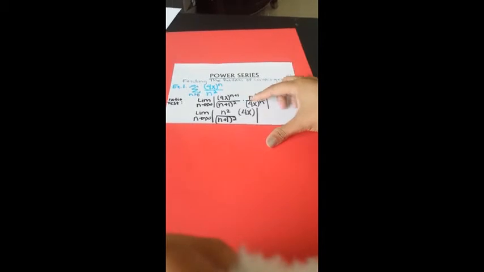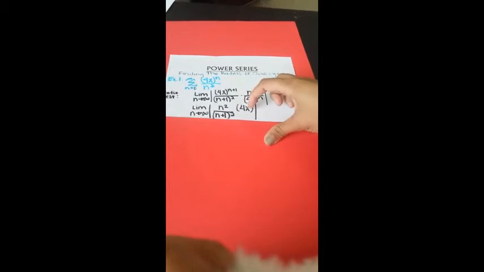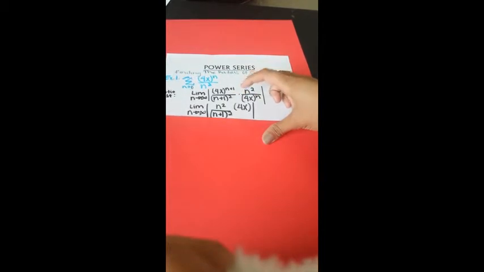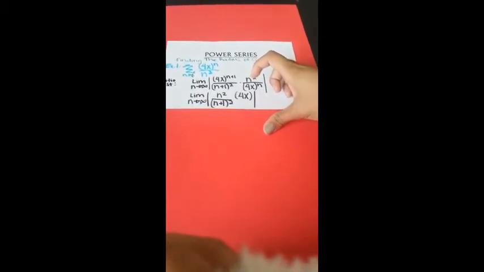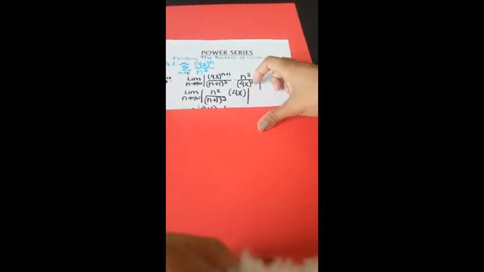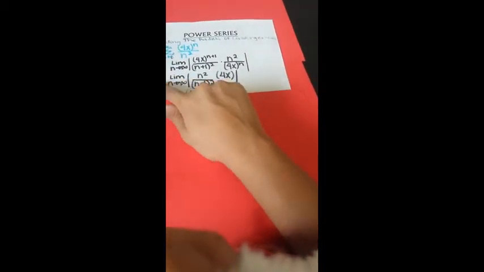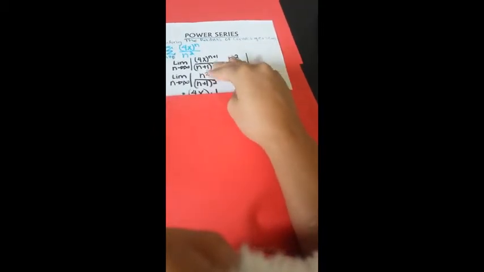Now we're going to simplify. The 4x to the n's cross out, so we're left with 4x times n squared over n plus 1 squared. Now we find the limit of this. We can take out the 4x and act like it's not there, since it's a constant and n is our variable.